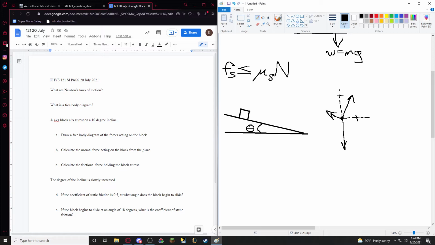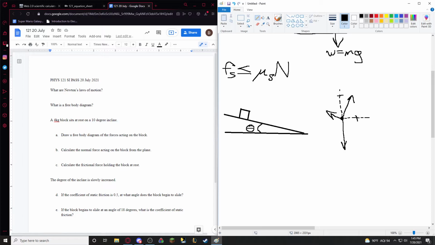But then in order to find the hypotenuse, the way that the normal force is going... Oh, I see. If I did it that way, then I would have had to do cosine of 10 instead of sine of 10, which is what I did, because that triangle is not the same as the triangle below it.